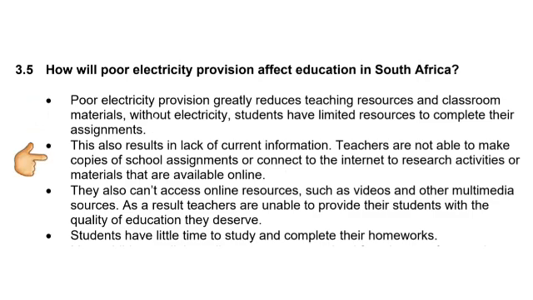And then in bullet 2 we said this also results in a lack of current information. Teachers are not able to make copies of school assignments and connect to the internet to search activities or materials that are available. So the other thing is, we know that in schools we use copies and printers a lot. So in that scenario, we are saying that now the copy machine is not working anymore.